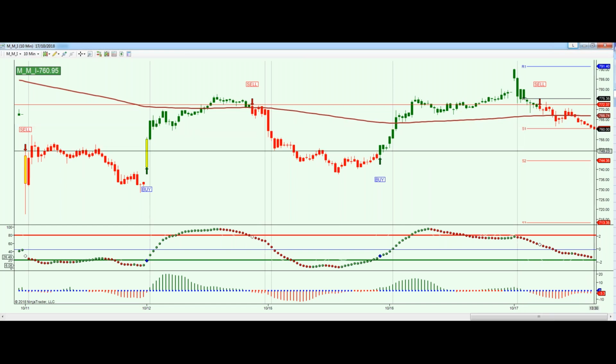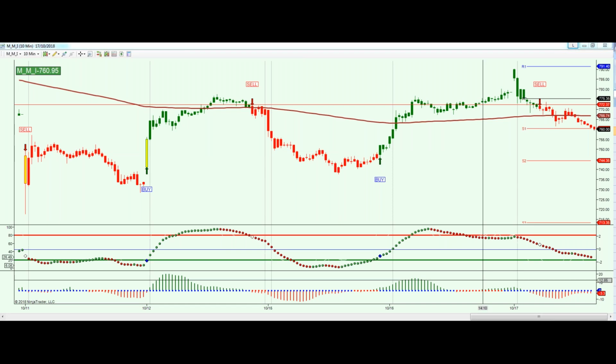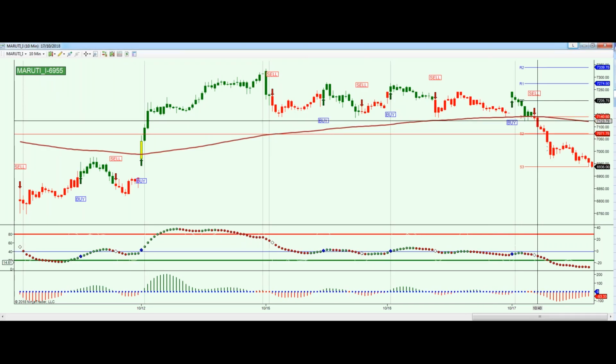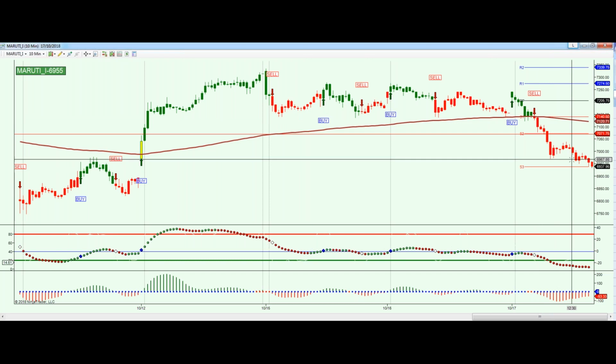Maruti, a sell call at 7129. Now it is at 6935. I'll just pick the chart for you. So this is Maruti. The call got generated at 10:30. It doesn't mean that when the market opens at around 1 or 1.5% upside, you don't enter into all the buy calls.